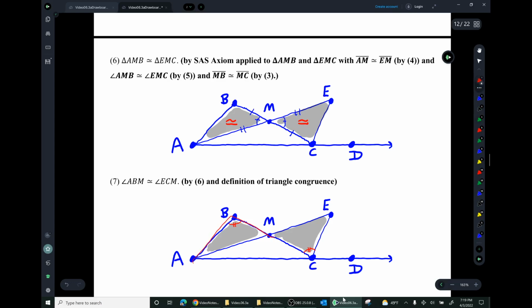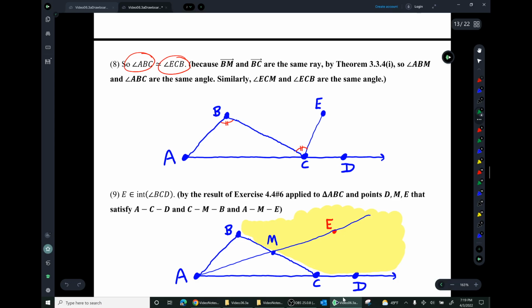That red angle and that green angle. I've just simply named the angles differently using this fact about different ways of denoting the same ray. The reason is these are the angles that we're actually interested in moving forward.